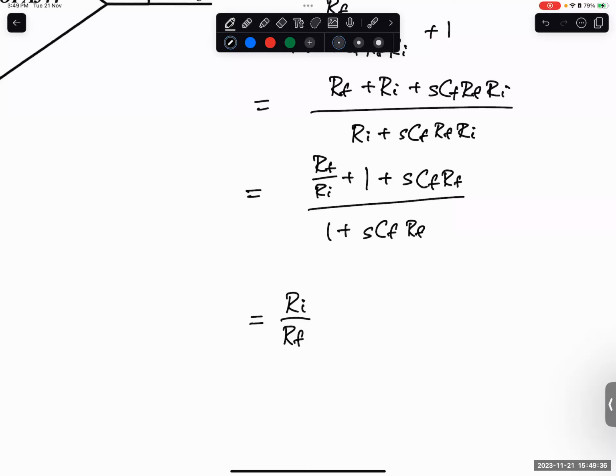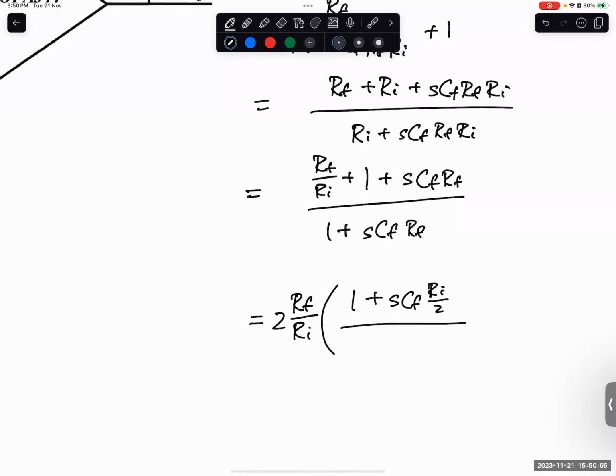Is this correct? Oh, I think I just need to put 2 RF over RI, right? Then I bracket the whole thing. Then become 1 plus S CF RI over 2, 1 plus SCF RF.